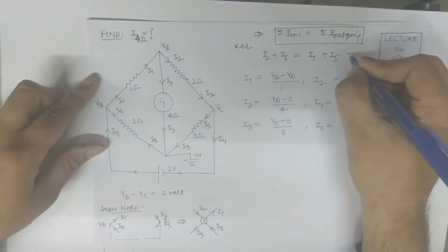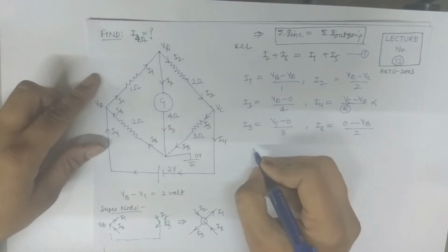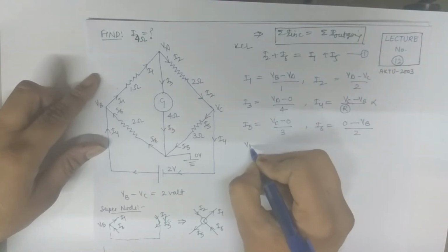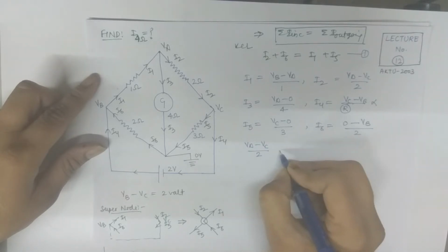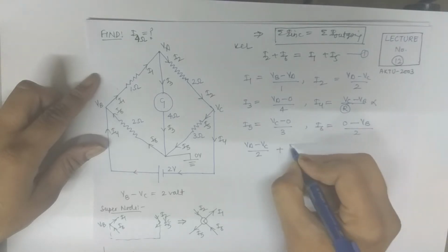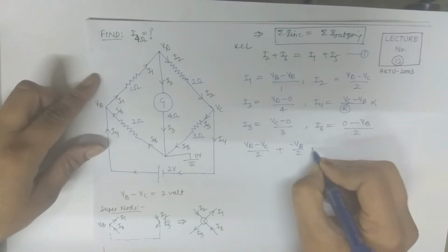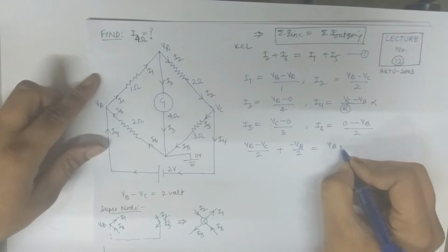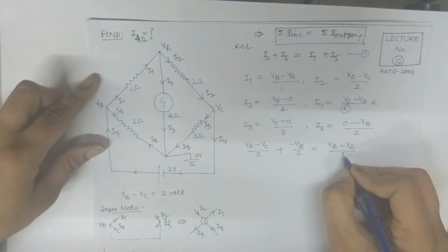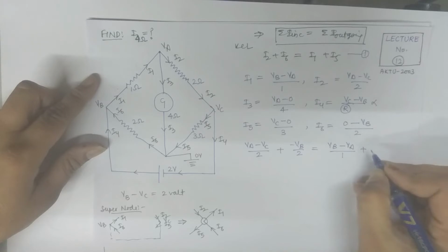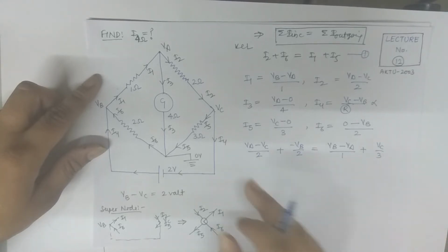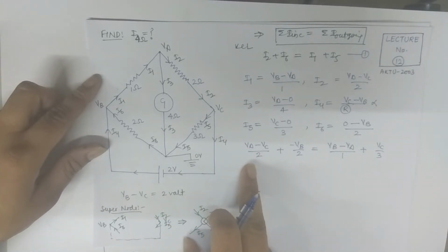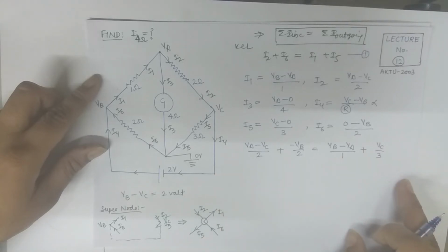Now put here in equation number 1: I2 is VA minus VC upon 2 plus I6, minus VB upon 2, is equal to I1, VB minus VA upon 1, and I5, here VC upon 3. To solve this equation, we multiply to make the denominators equal.